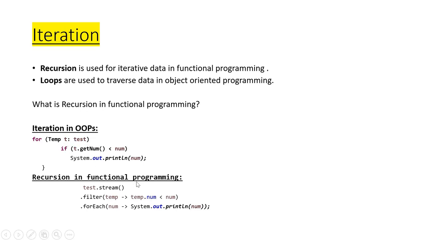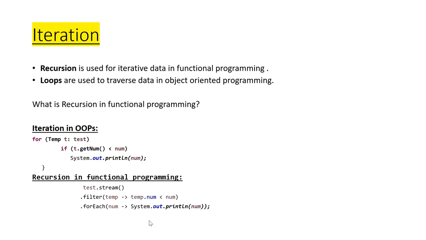While in case of recursion, here we have an inbuilt function, test.stream function. On that we have applied a filter, and on that we have applied a forEach. So this forEach function is calling itself for each of the parameters, or each of the elements in the array.